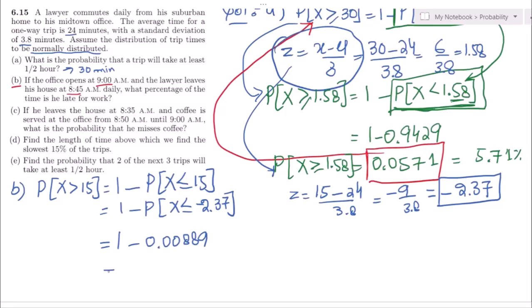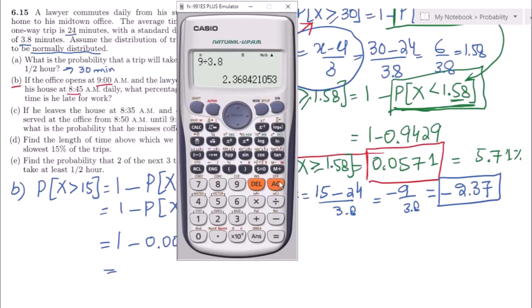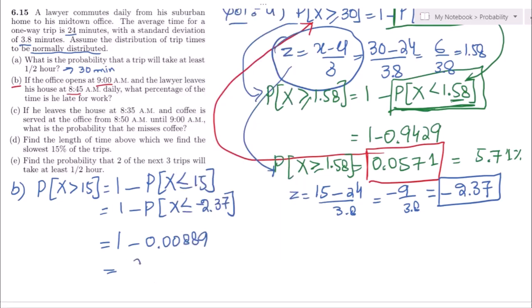Subtracting it from 1, it will be 1 minus 0.00889, which is 0.991. So this is around 99.1%, and the chance of being late is 99%. That is the solution of part B of my question.